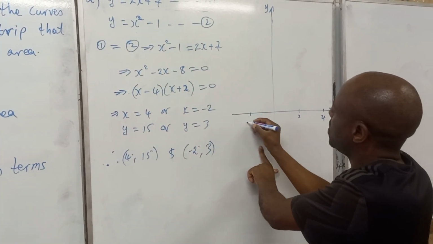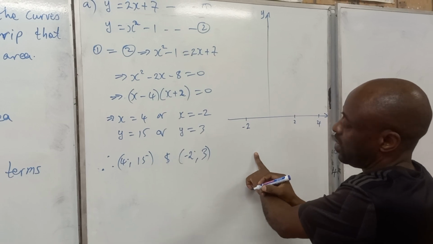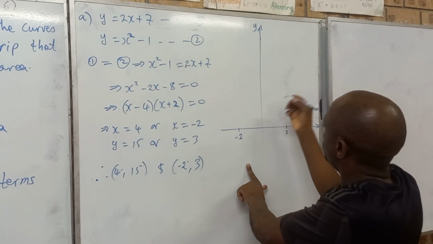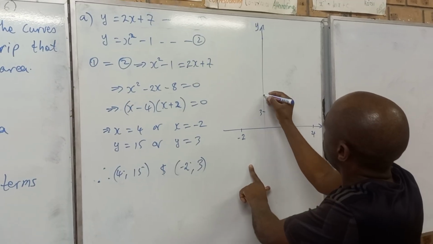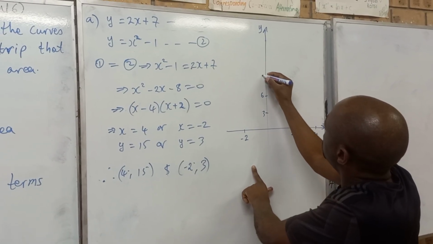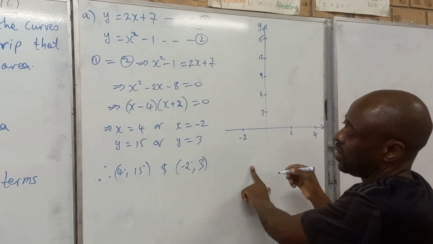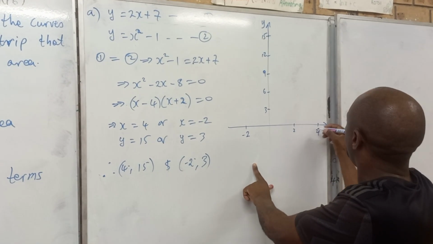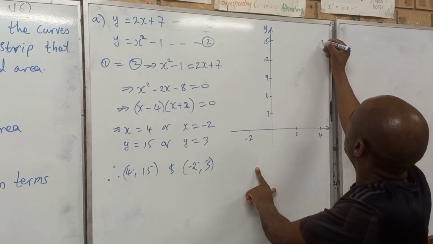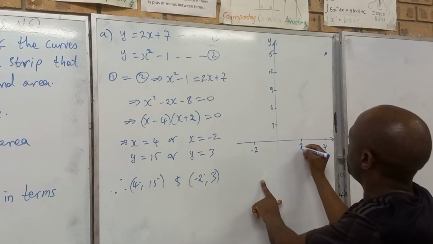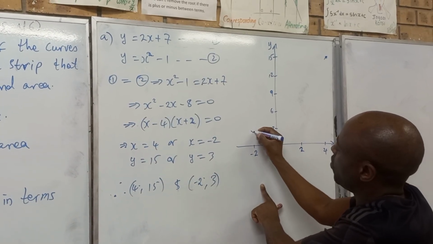Second quadrant, that's my negative 2. Then the other one, we need up to 15. So maybe I can say that is 3, 6, 9, 12, 15. So the point (4, 15) is somewhere there. The point (negative 2, 3) can be somewhere there.